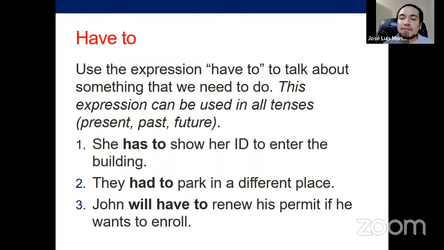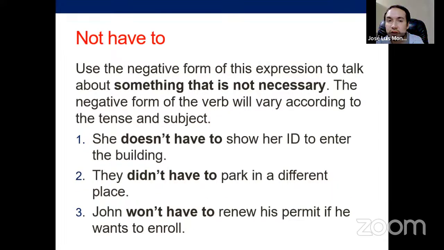And John will have to renew his permit if he wants to enroll. Same, this is necessity, but for the future. This is not the strongest option that we got, but it is still necessity and it's very common to use.